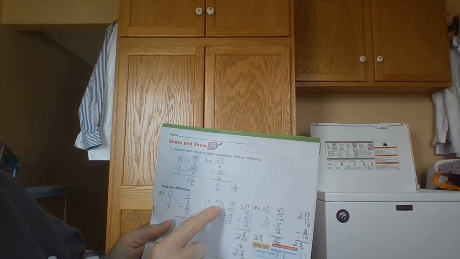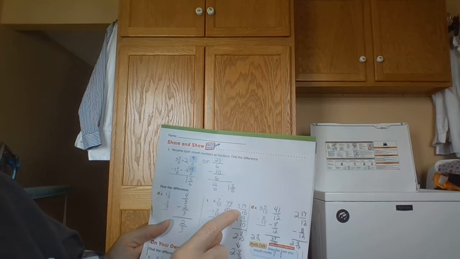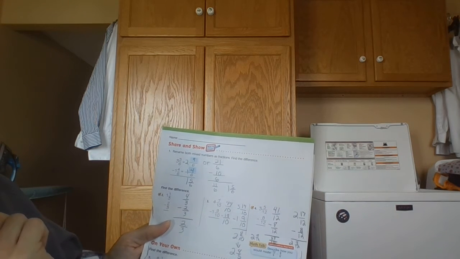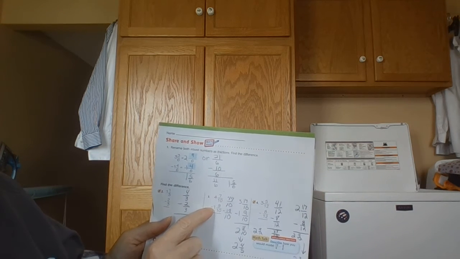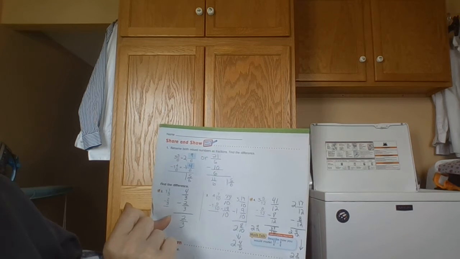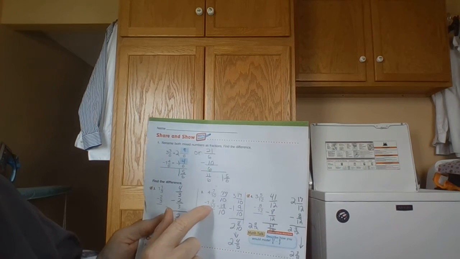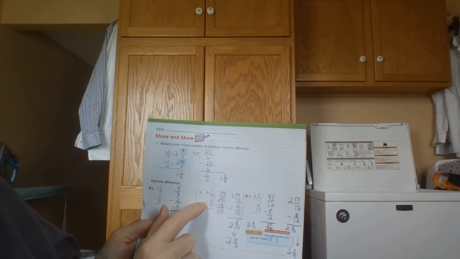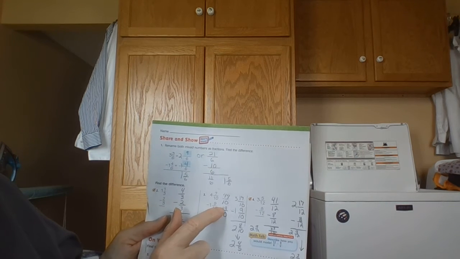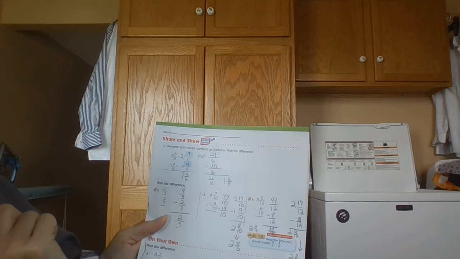Then subtract 1 and 9/10 from 3 and 17/10. If you choose to make 1 9/10 an improper fraction, you're going to multiply 10 times 1 and get 10, and add the 9 to get 19/10.